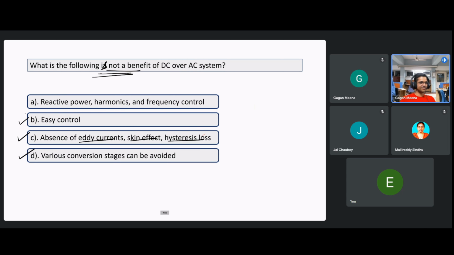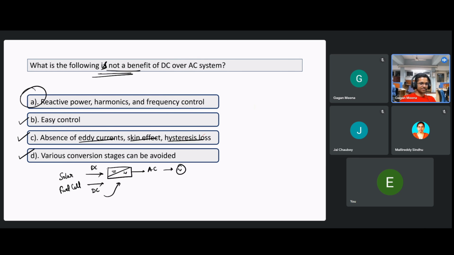So why are various conversion stages required? Because we have solar or fuel cell. These are DC, so we want to convert them into AC to feed it into the grid. This is for both fuel cell and solar. One conversion stage is DC to AC.